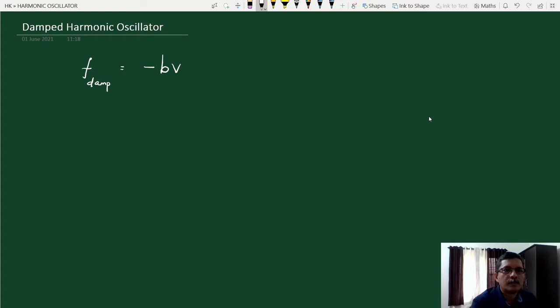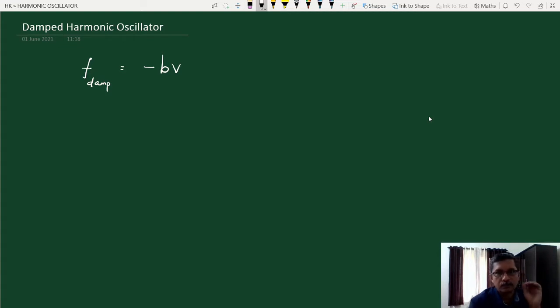This constant depends upon the shape of the oscillator as well as the viscous medium through which it is oscillating. So you can see that this damping force is directly proportional to the velocity of the oscillator, and its direction is opposite to the direction of velocity. That negative sign shows that the direction of the damping force is opposite to the direction of velocity.